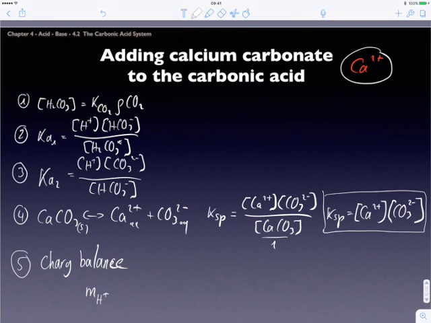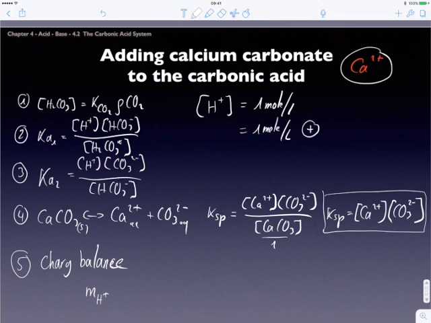If I take an example, H+, if I have a concentration of H+ of 1 molar, 1 mole per liter, that means I have exactly 1 mole per liter of positive charge. If I have calcium in solution and I have 1 mole of calcium, that means I have 2 charges for 1 mole of calcium.